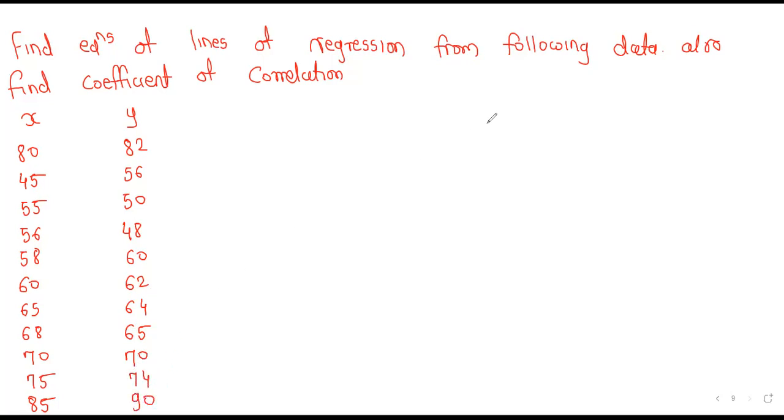So find the equation of line of regression of y on x and x on y. Then by using the coefficients of regression, find the value of coefficient of correlation. Try to solve it, otherwise we will solve it in next lecture.